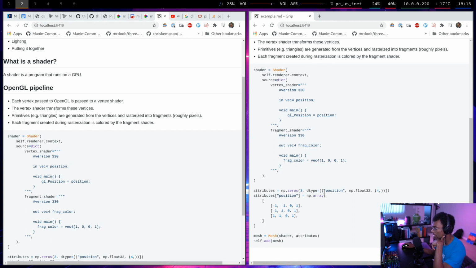So the one thing I think I'll have to go over is normalized device coordinates, to know why -1 here is important. So I'll do that.